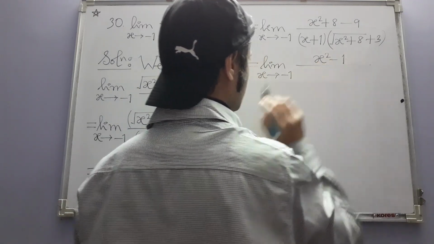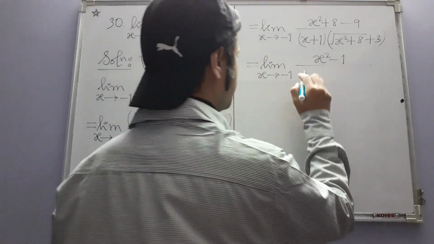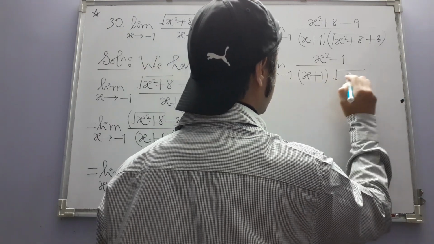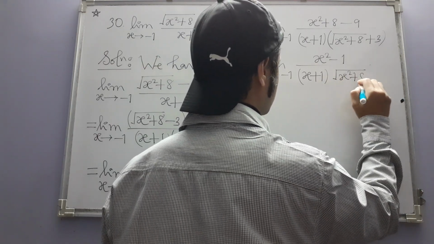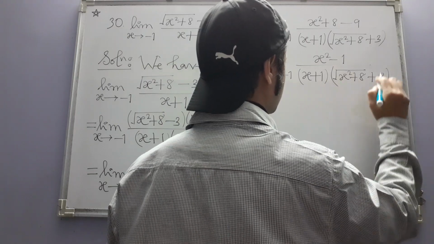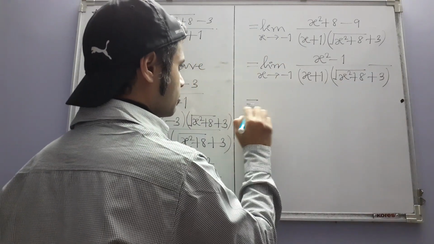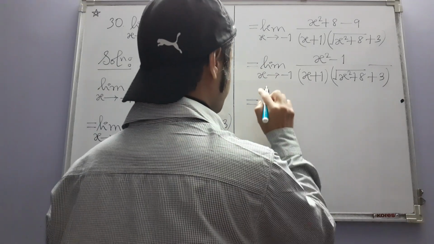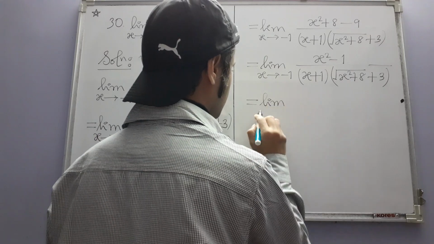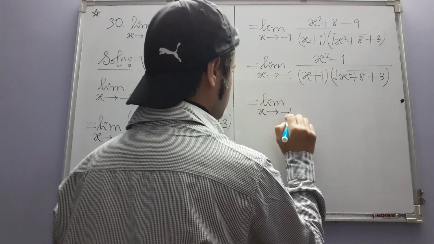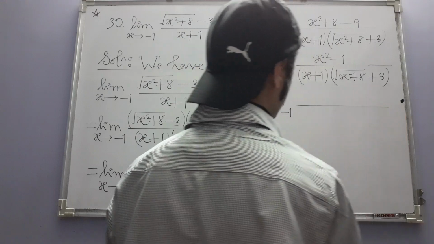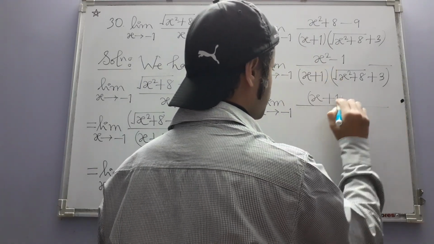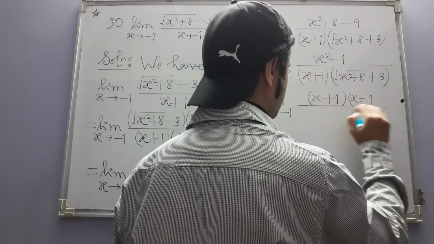So this becomes x squared minus 1. And now we can cancel, but before cancelling the common factor out, let's also write one more step where we factorize the numerator as x plus 1 times x minus 1.